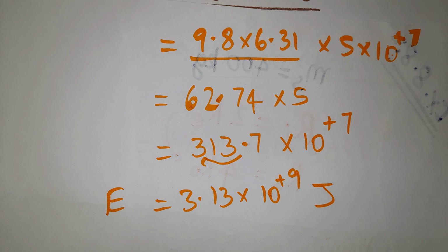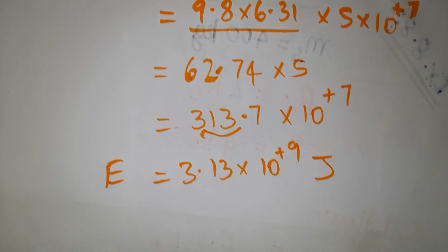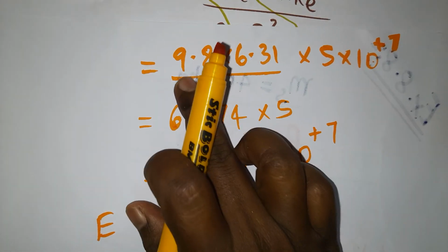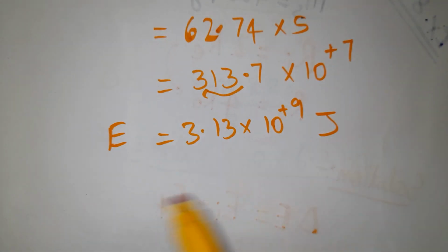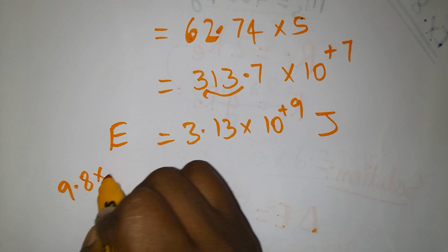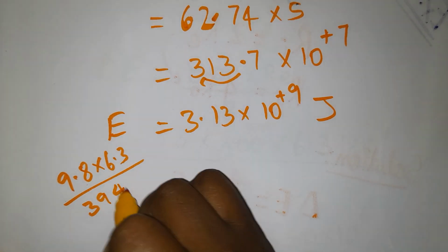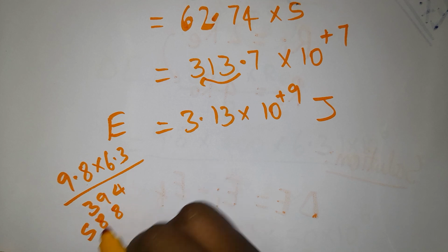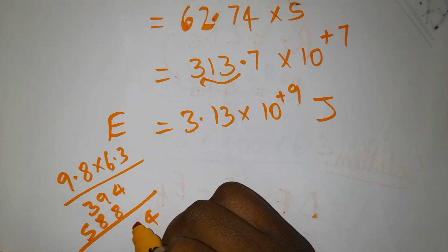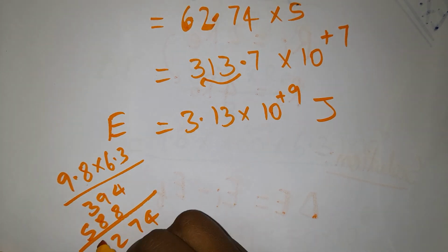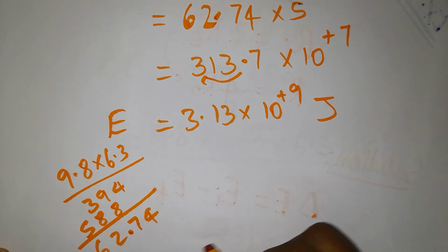It's a very simple problem, but the method is a little complex. If you want 9.8 into 6.3, I will do the multiplication here, and we will get 394, 588, 4 7 2 6 2, with the decimal kept here.